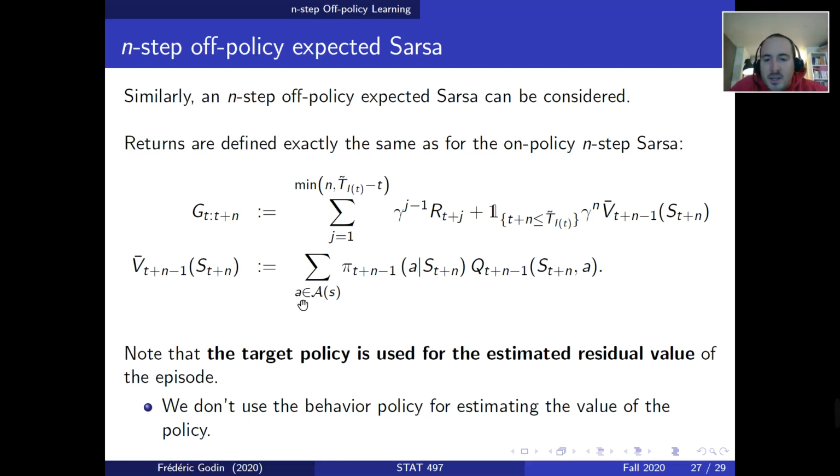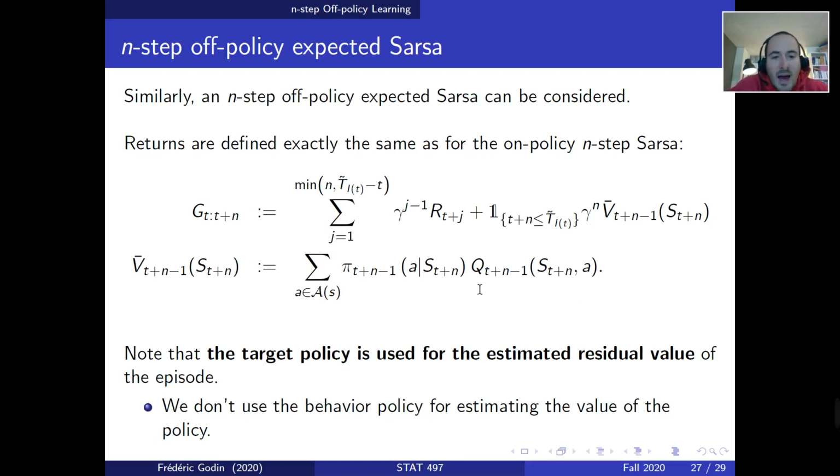Okay, so now this weighted average, of course, if you have a greedy target policy, so if you work in an off policy setting, you might have a greedy policy, and in that case, this summation would contain a single term, where this probability would be 1 for the greedy action and 0 for all others.